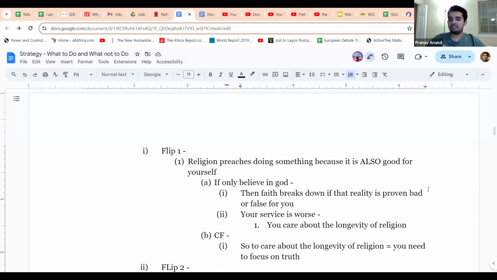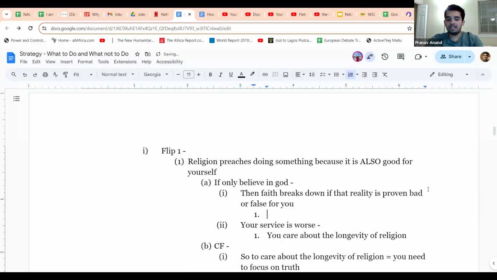To give an example, if you are told that God is telling you to donate X amount of money, and the more you do that donation, in some way it comes back to help you later in life, but you don't have any truthful statement or reality on which that happens, i.e., you're a poor person who just donates, you don't see your life actually get any better, then in many instances the faith ultimately breaks down in yourself and makes you feel a lot worse. So an important note is that tying it to a specific tangible example gets you pretty far.